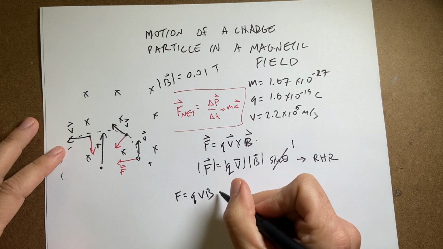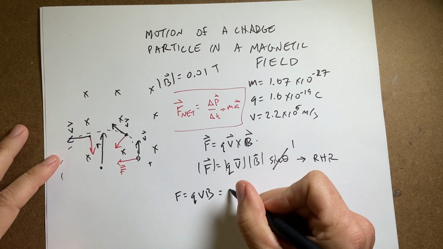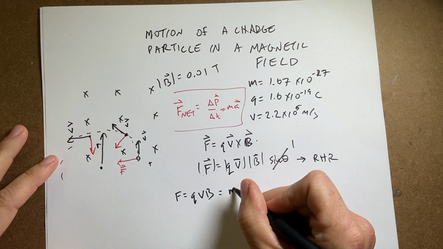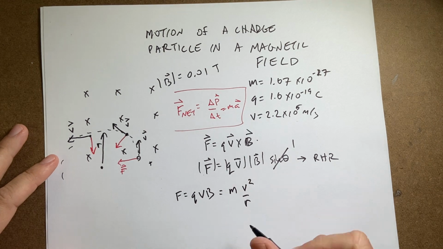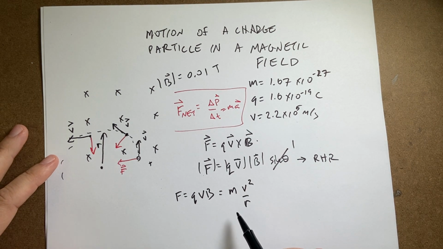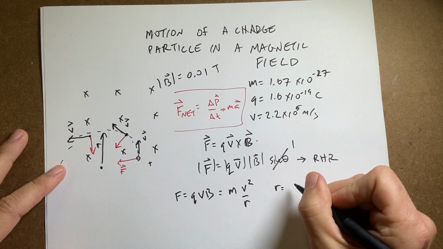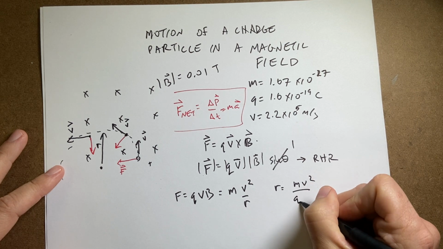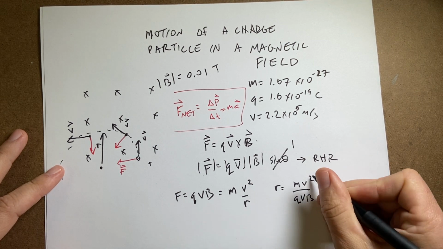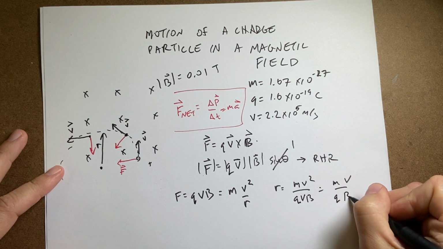And since it's moving in a circle, we can go back to the previous chapter and say this is the mass of the object times its acceleration, which is v squared over r. This is the acceleration of an object moving in a circle. If I solve this for r, I get r equals m v squared over qvB. One of the v's cancels, and I get r equals m v over qB.